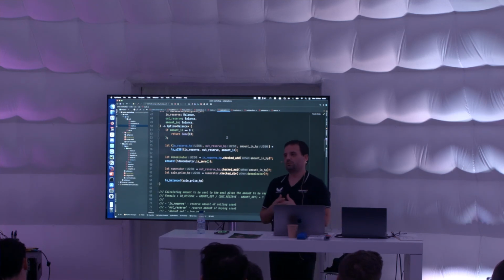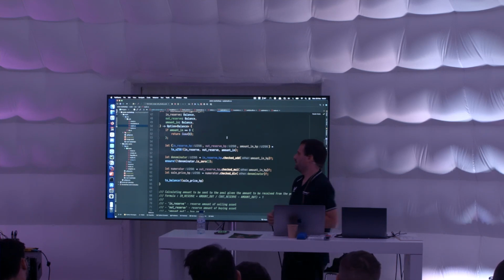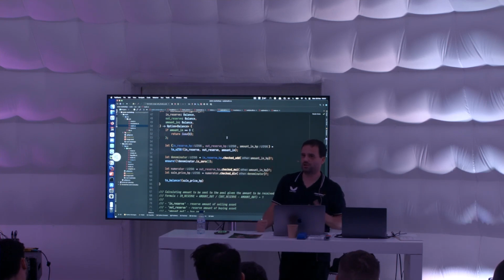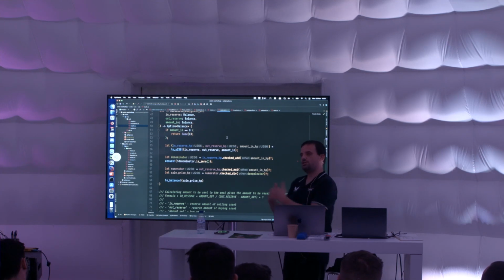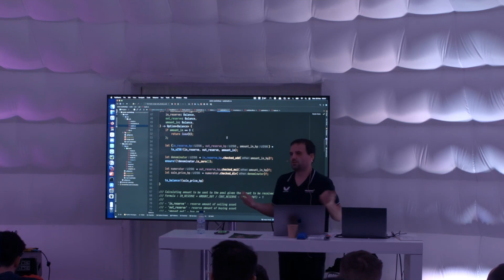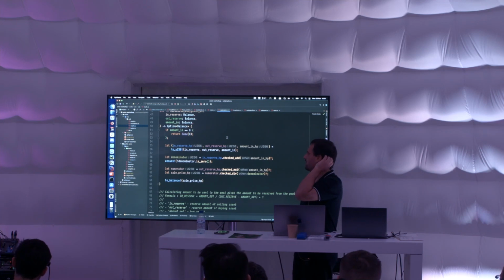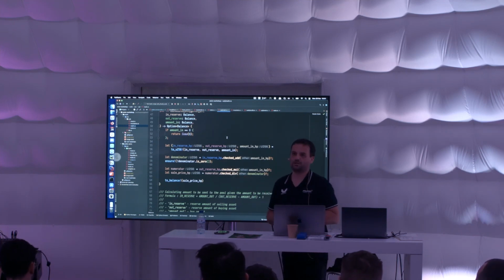But now we have the problem. If we multiply first, we may not fit into this balance type, which is an unsigned 128-bit integer, right? So we need to use a higher type, right? We need to convert first to something higher. In this case, you can use 256, which should be big enough to do the calculations, and then convert it back to the price.